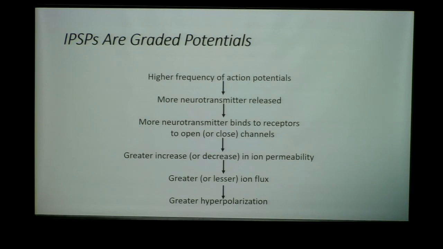And if we get a supra-threshold stimulus, we generate more action potentials, right? A faster frequency or higher frequency, which translates to more neurotransmitter, which translates to more receptors being bound. And if we have more receptors being bound, we open up more channels, which facilitates more ionic movement. And then we have a greater or lesser movement of the ions, okay?